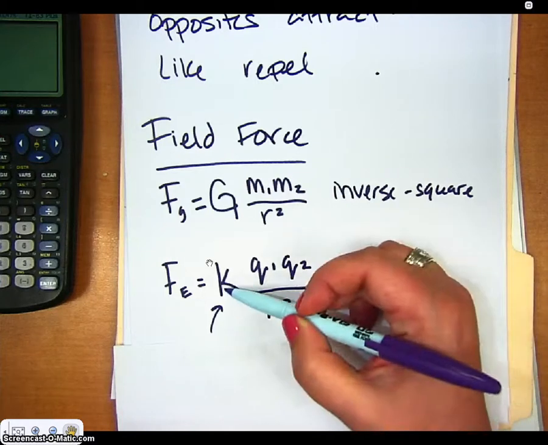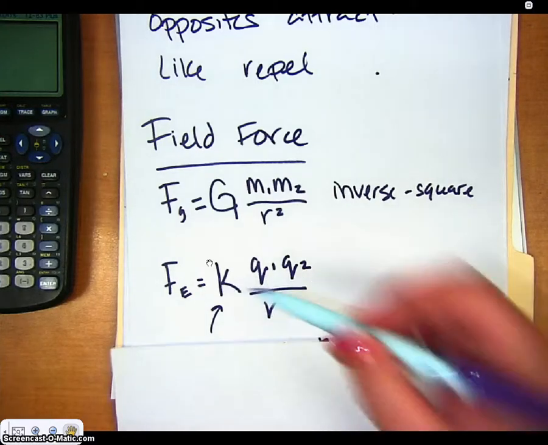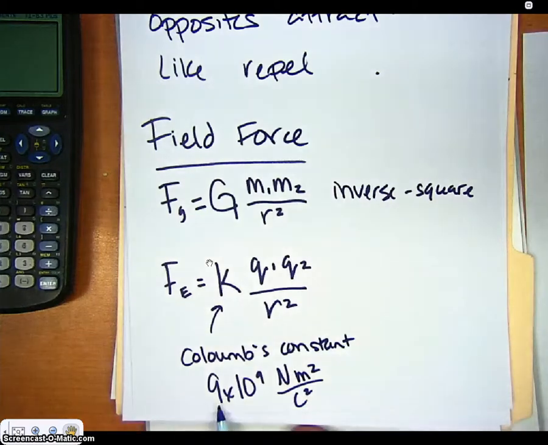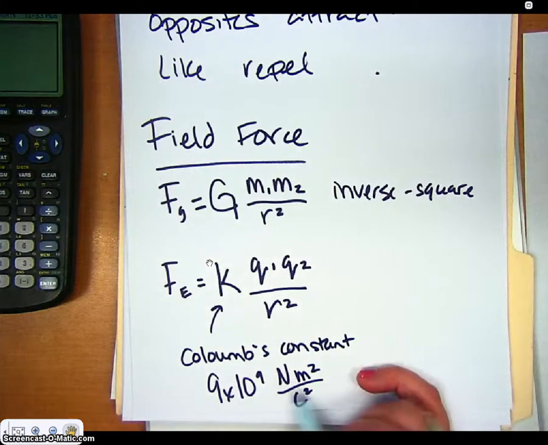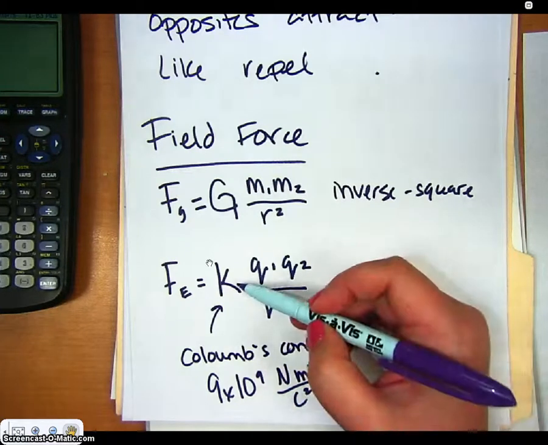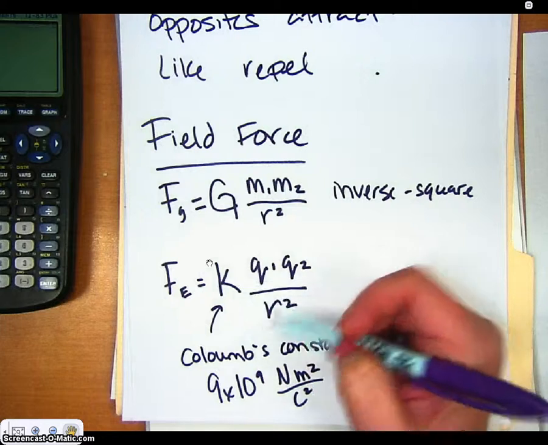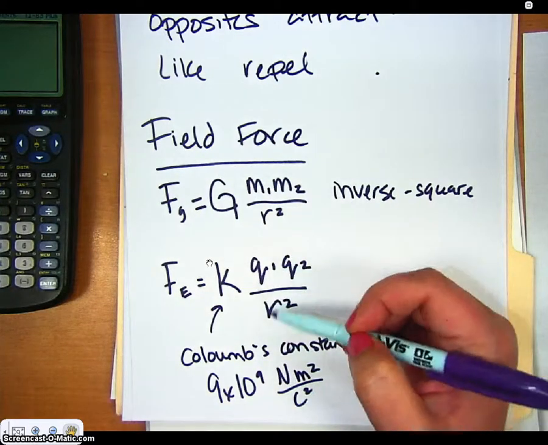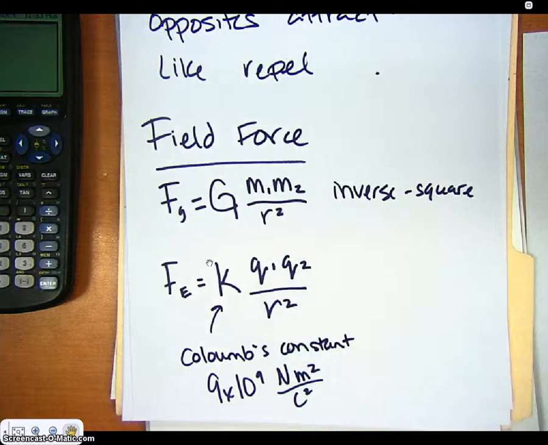Now, the K in this equation is Coulomb's constant, and Coulomb's constant is 9 times 10 to the 9th newton meters squared per Coulomb squared. Notice if I put that unit in up here, the meter squared makes the r squared unit cancel out, and the Coulomb squared makes the C's cancel out, so we're left with newtons.